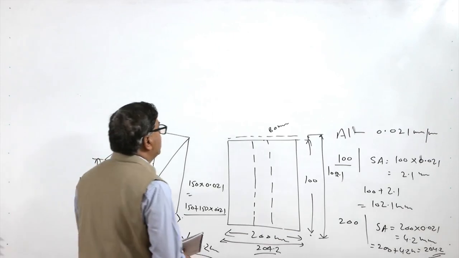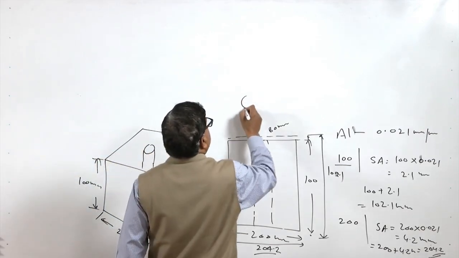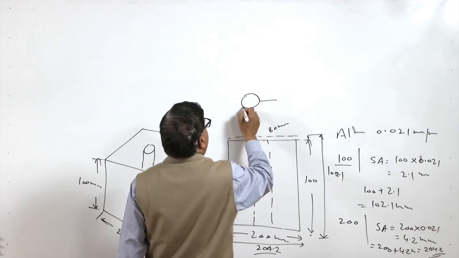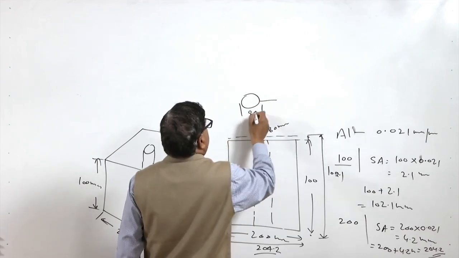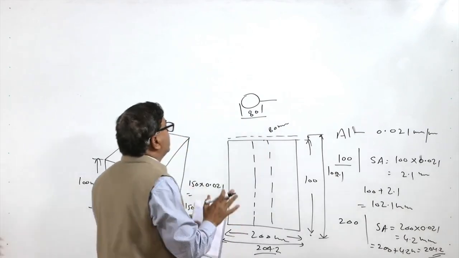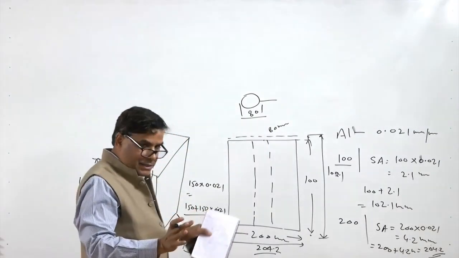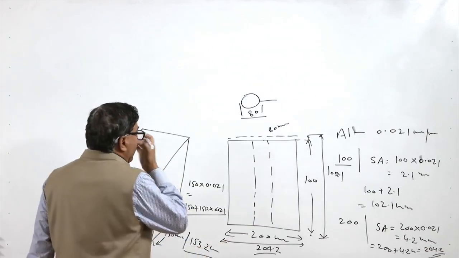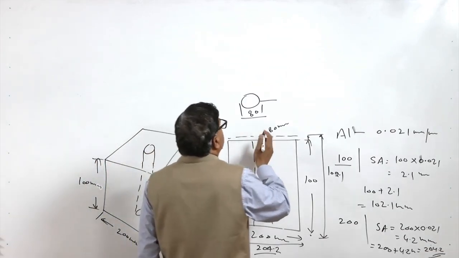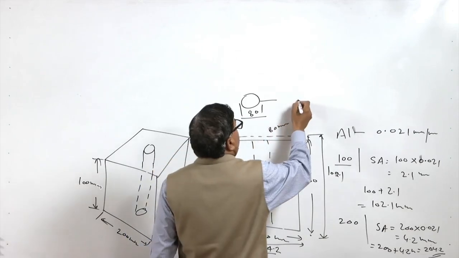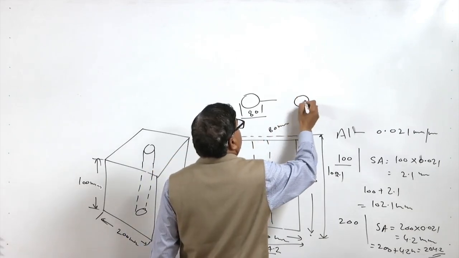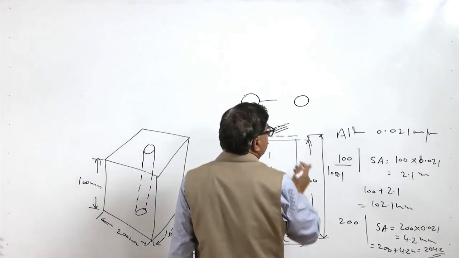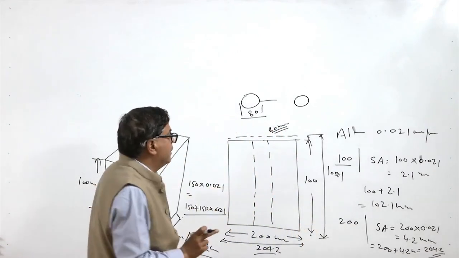Now, if initially the diameter of the hole is 80 mm, we know that when the molten metal shrinks, there will be an increase in the size of the hole. So, it is given negatively. If the dimension of 80 mm is to be achieved, then the allowance will be added to the linear dimensions and the hole size is to be reduced.